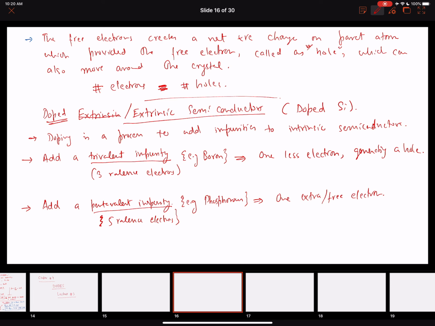All right, so these trivalent impurities are also known as acceptor impurities. It has 1 less electron, so it needs 1 extra electron, so it's an acceptor impurity. And this type of extrinsic semiconductor is also known as p-type.